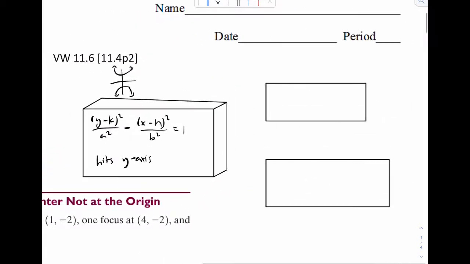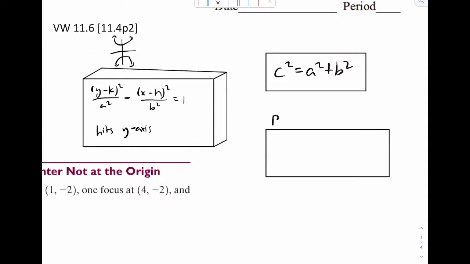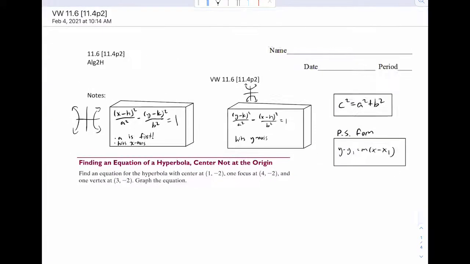And in this top box, let's not forget our formula that ties everything together. C squared equals a squared plus b squared. And then we have our point and slope form for lines, which is y minus y1 equals m times x minus x1. And that's everything we're going to need here.